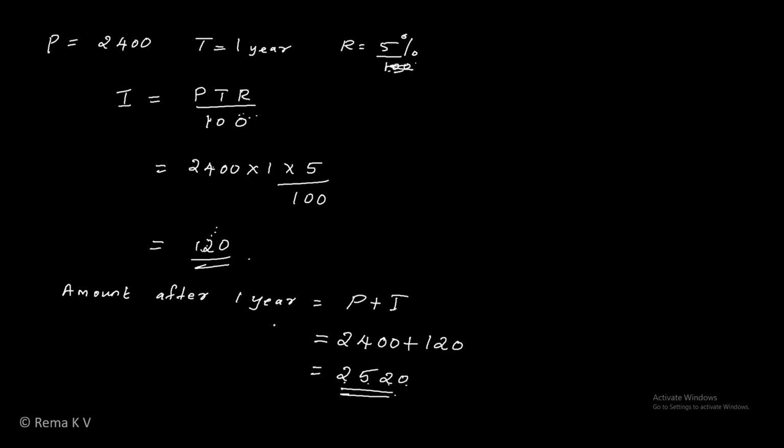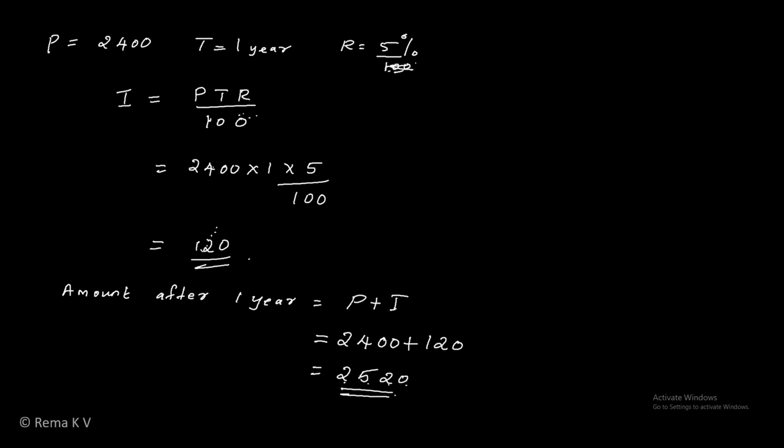So while calculating the interest as compound interest, this amount is to be considered as the principal for the second year. The question is, after 2 years what will be the amount?